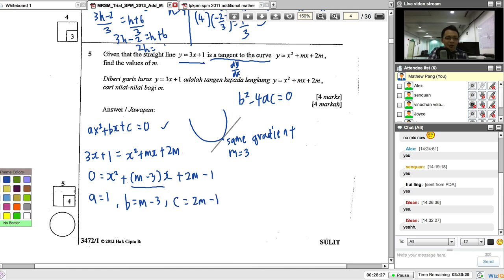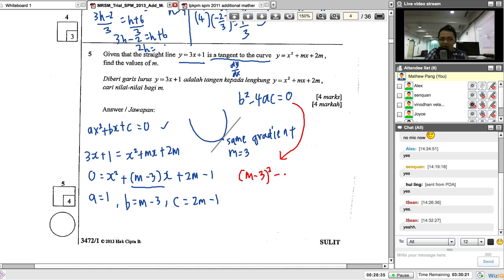If you got this, you just apply the formula. So b squared is (m minus 3) squared minus 4ac, which is 4 times (2m minus 1), equals 0. I'm going to solve this. This is m squared minus 6m plus 9, then negative 4 times gives negative 8m plus 4 equals 0. So this will be m squared, something wrong?